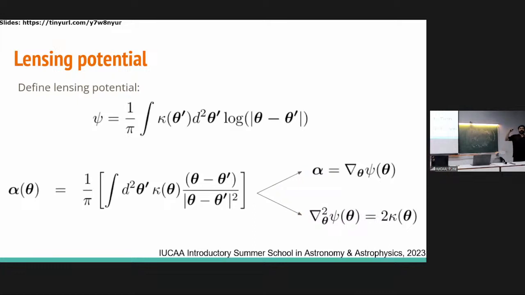It depends upon how many constraints you get. If you have just one position of the image, let's suppose there is a source which only gets a single image. Now you don't have enough constraints to figure out what the source position plus the lensing potential is.